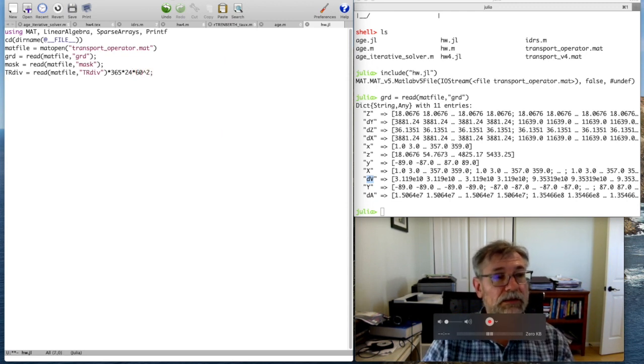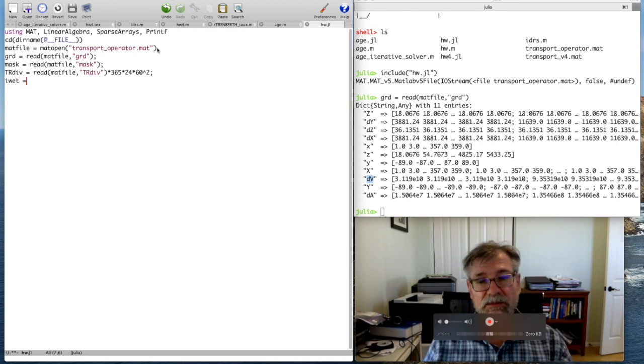Okay, and then what else do we need? iwet, which is the indices of the grid boxes that are ocean points. So mask is going to be a 3D array, and there'll be ones and zeros: ones for grid boxes that are wet, that are ocean points, and zeros for grid boxes that happen to be in the continent, on the land.